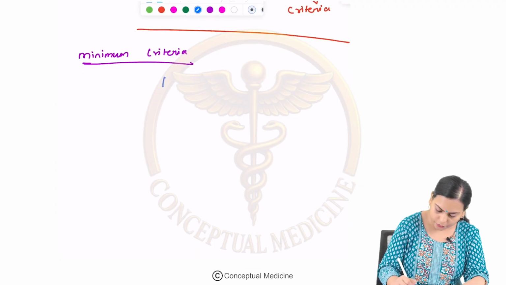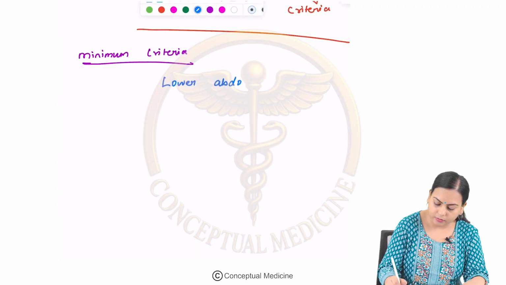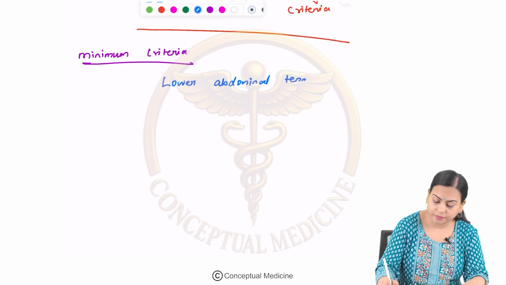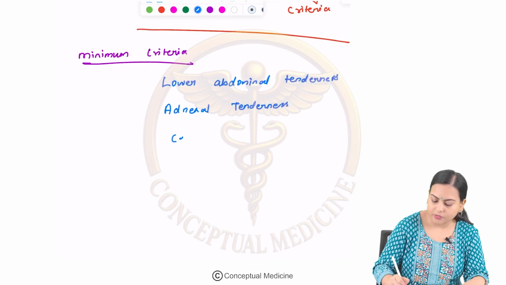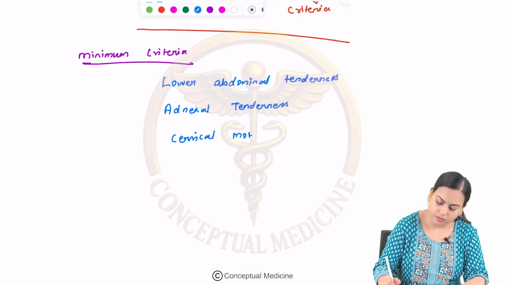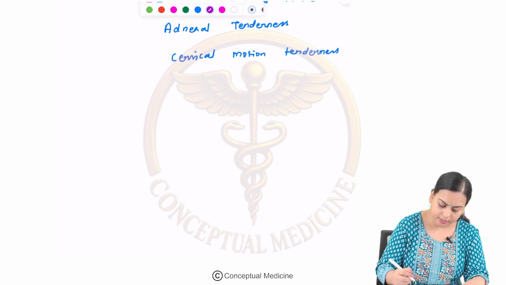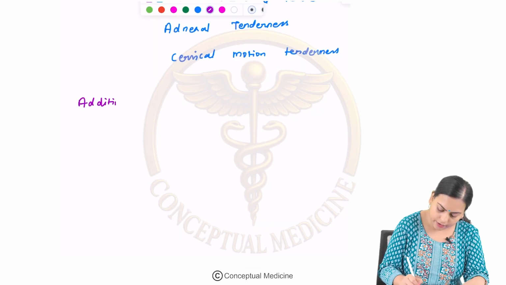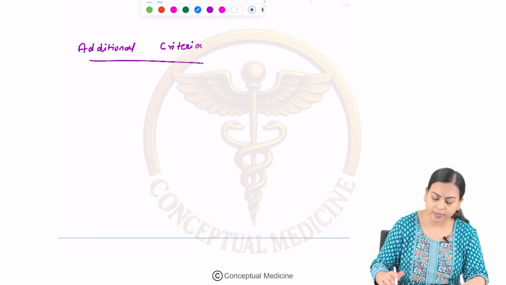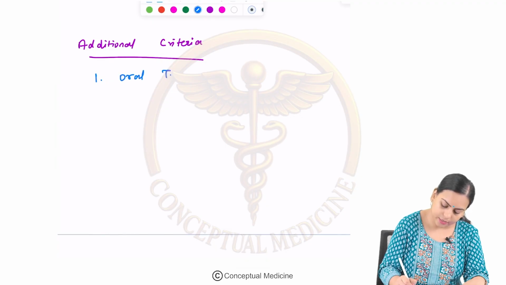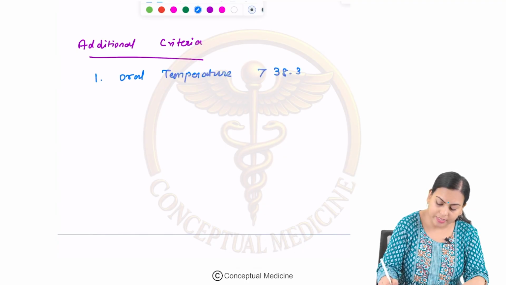Minimum criteria include lower abdominal tenderness, adnexal tenderness, as well as cervical motion tenderness, right? And then you can also have some additional criteria where the oral temperature can be more than 38.3 degrees Celsius.